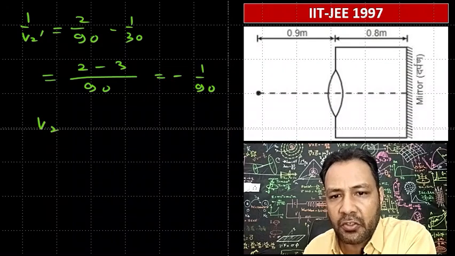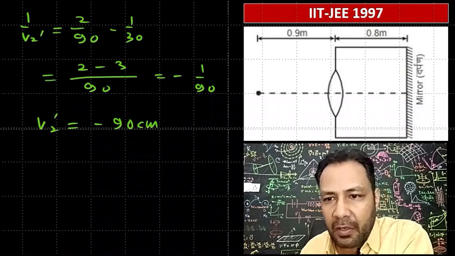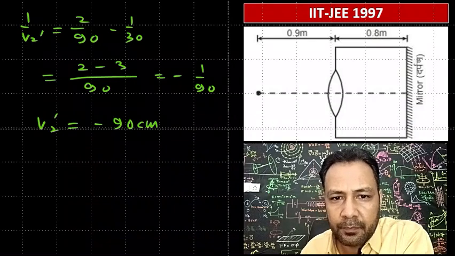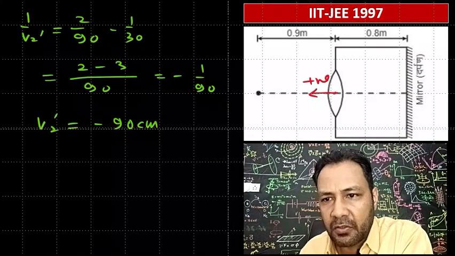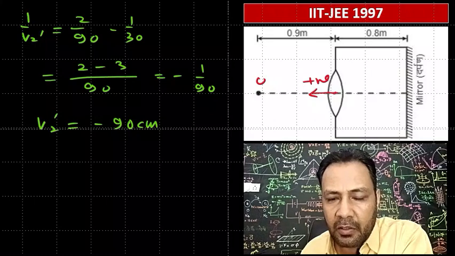So V2 dash, that is the position of the final image, is minus 90 centimeter. For the last event, this was the origin, and this was my positive direction, this is the object, and the image coordinate is minus 90 centimeters.